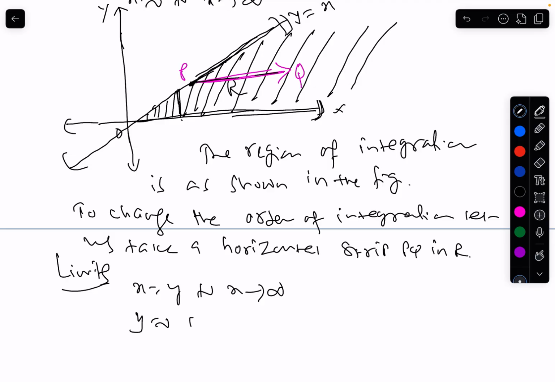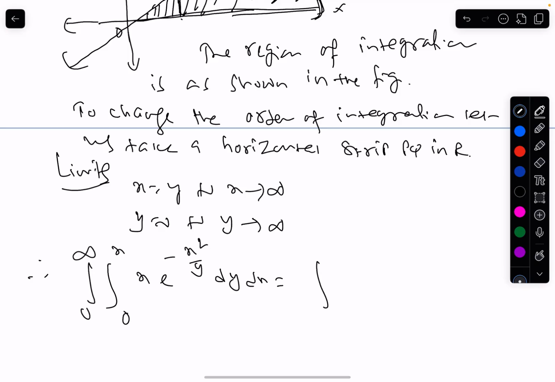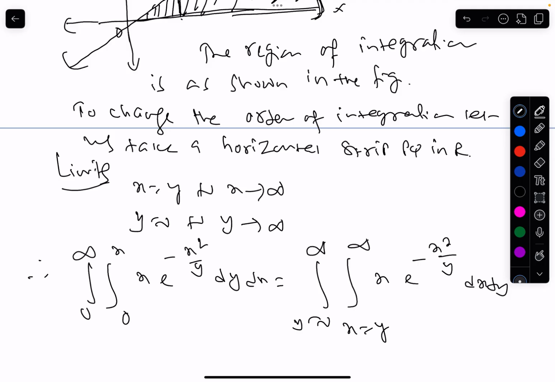That means y equal to 0 to y tends to infinity, and therefore the double integral from 0 to infinity, 0 to x, of x e power minus x square by y dy dx is equal to x from y to infinity, y from 0 to infinity, x e power minus x square by y dx dy.